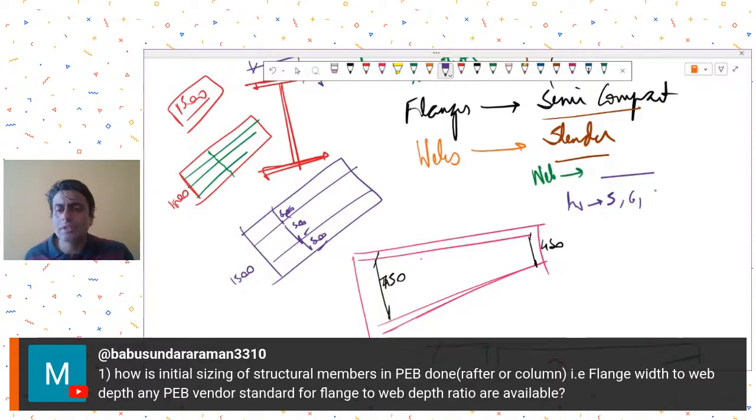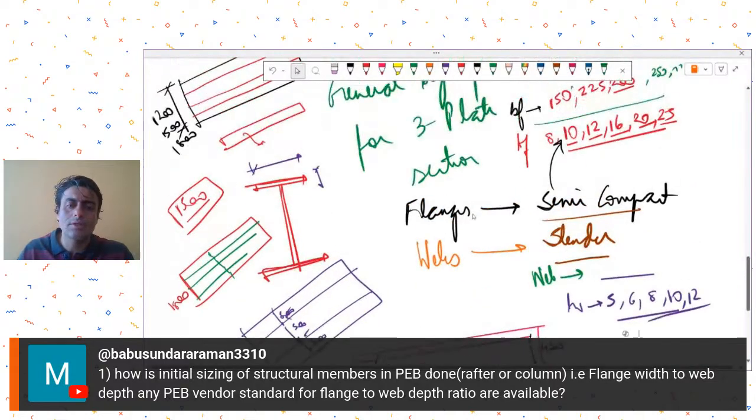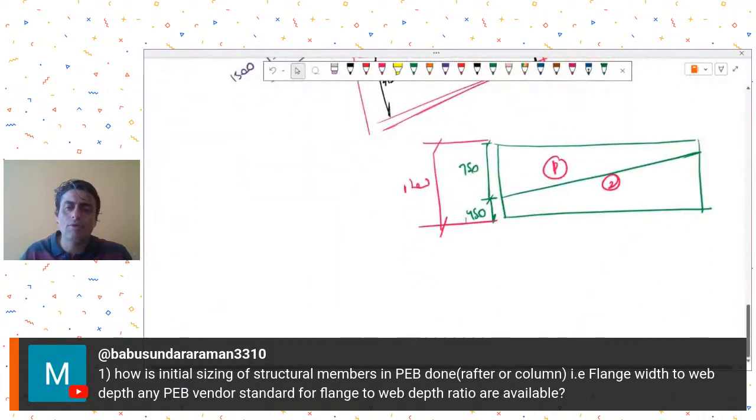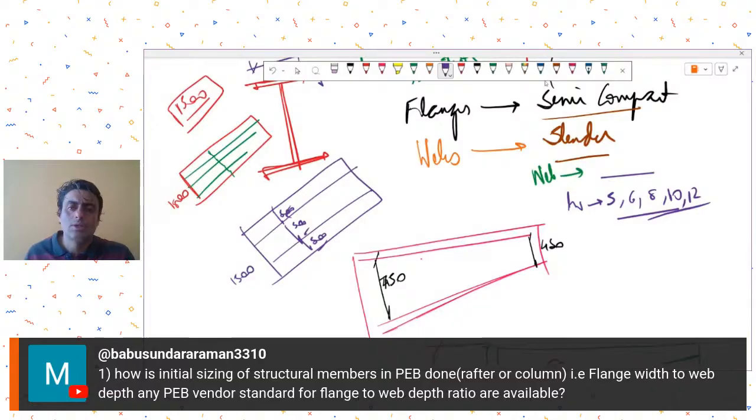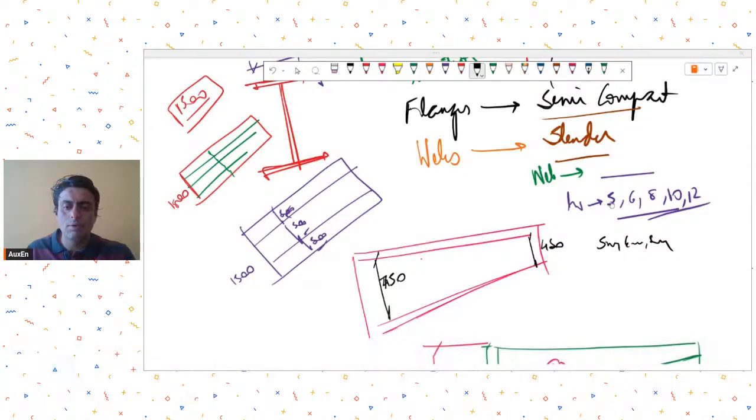So 5, 6, 8, 10, and if it's a very heavy utility, 12. These can be the thicknesses of webs that you take. And then of course we provide stiffeners for the web. Those stiffeners may be 5 or 6 or 8 mm. So this is how the general initial sizes may be selected based on these principles. The main principle remains that we want to minimize the wastage as much as possible.